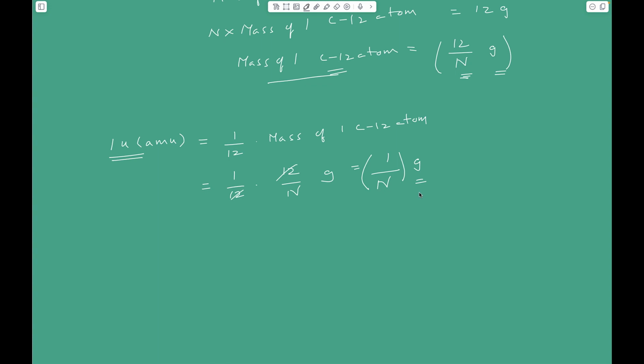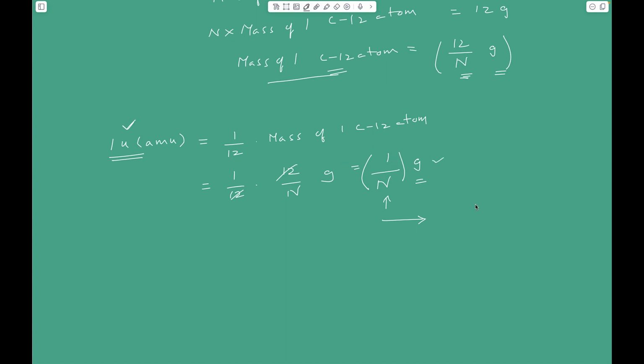Actually, this is how we figured out the value of 1 U in grams or kilograms. It is the reciprocal of Avogadro's number. So to know the value of U in grams, what do you need to know? The value of Avogadro's number. So we have to measure or figure out the value of Avogadro's number experimentally to know the value of 1 U in grams.